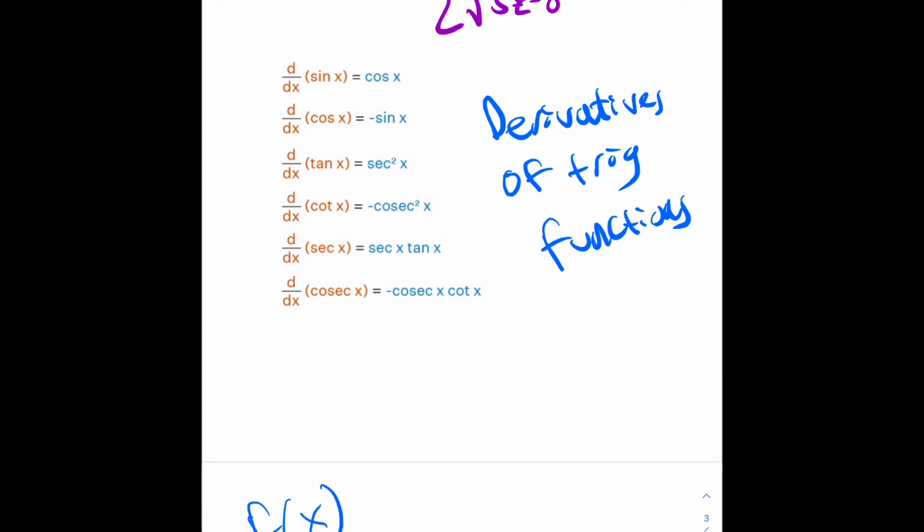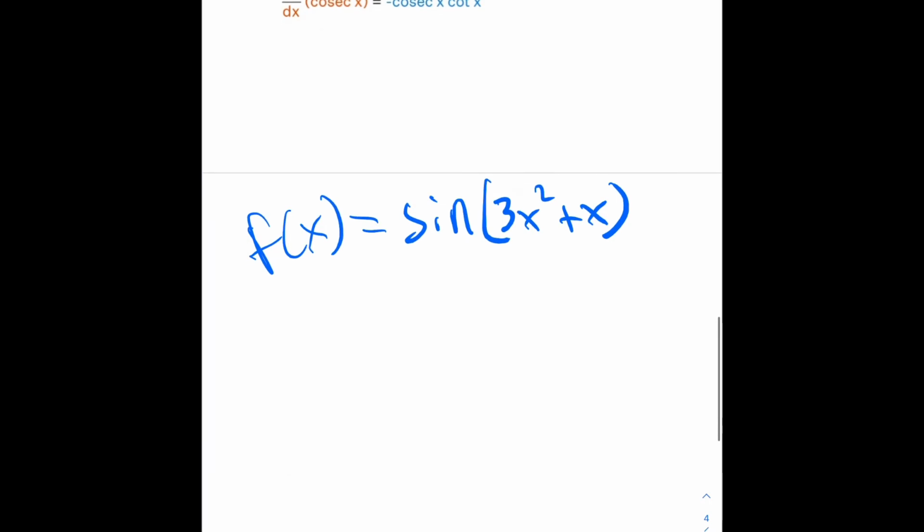Going to keep working with the chain rule. This time I'm going to add in one of these trig functions. So let's say that we have sine of 3x squared plus x. To look at my original function, what I'm going to do is find the derivative of the outside.